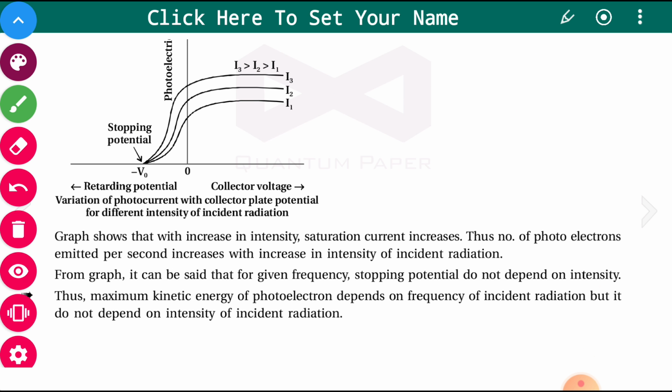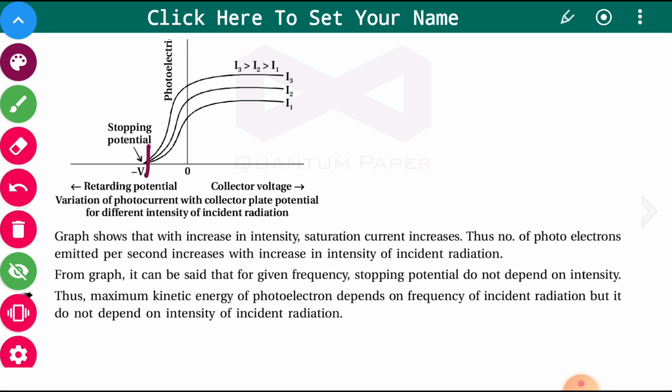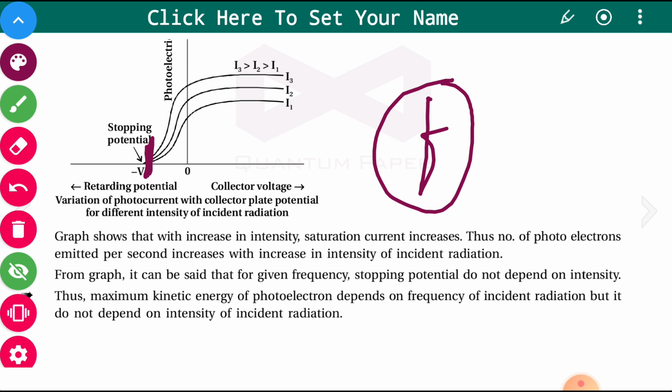From the graph, it can be said that for a given frequency, stopping potential does not depend on intensity. You go on increasing the intensity, but the stopping potential for a given, constant frequency is going to remain constant.